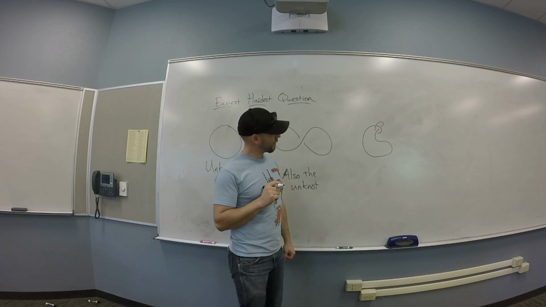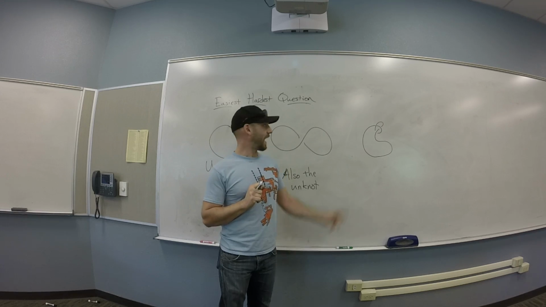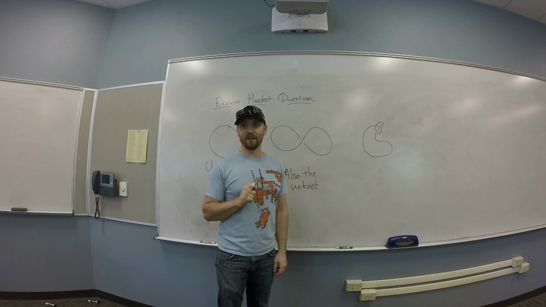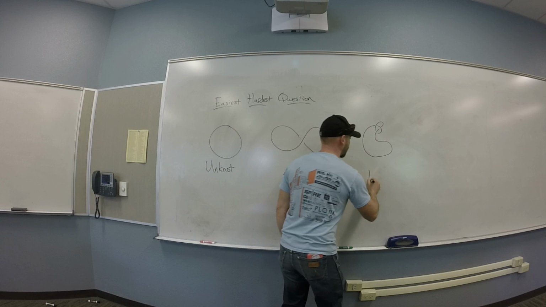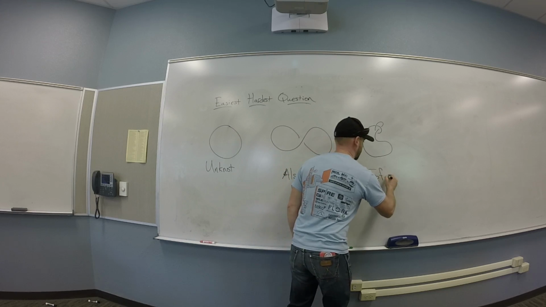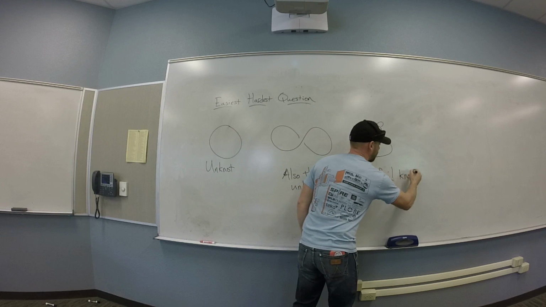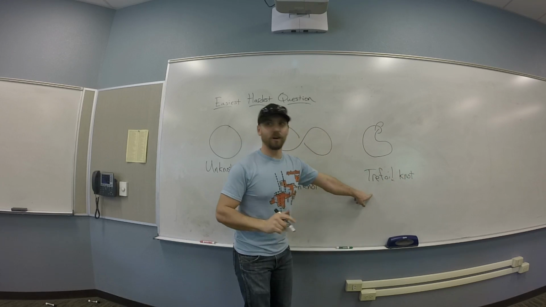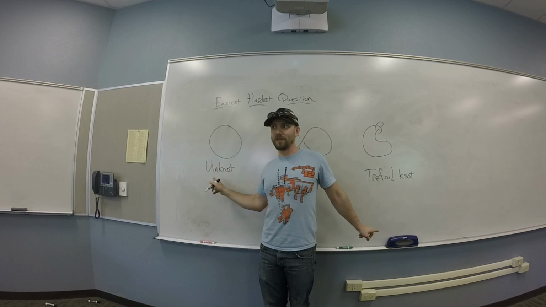But you couldn't make that out of the unknot, right? Yeah, I couldn't make this out of the unknot because that is itself an overhand knot. You guys see that? An overhand knot is called a trefoil knot. And the trefoil knot is specifically not this guy. Right? It's not the unknot.